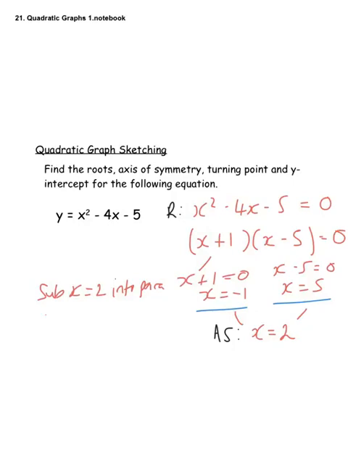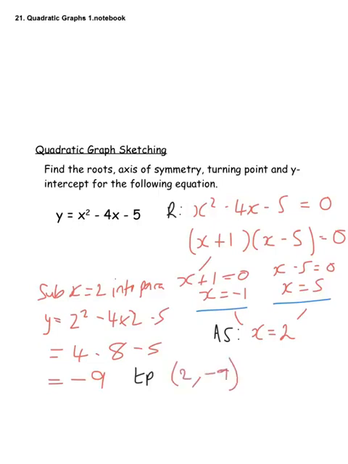So we get y is equal to 2 squared minus 4 times 2 minus 5. 2 squared is 4, 4 times 2 is 8, so minus 8 minus 5. 4 take away 8 is minus 4, take away another 5 is minus 9. So our turning point, or TP for short, is 2, minus 9. And that's it.